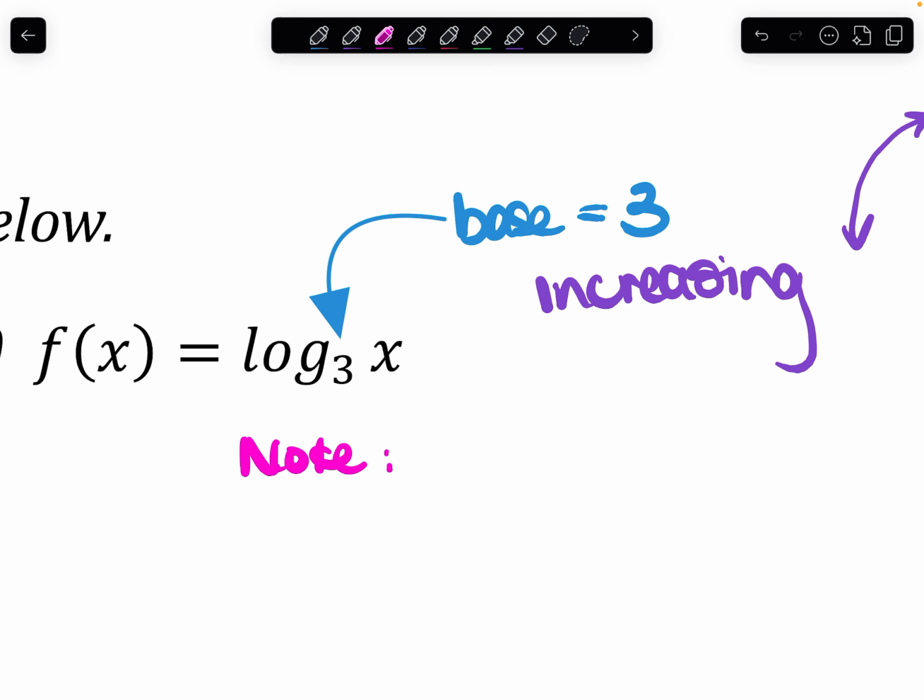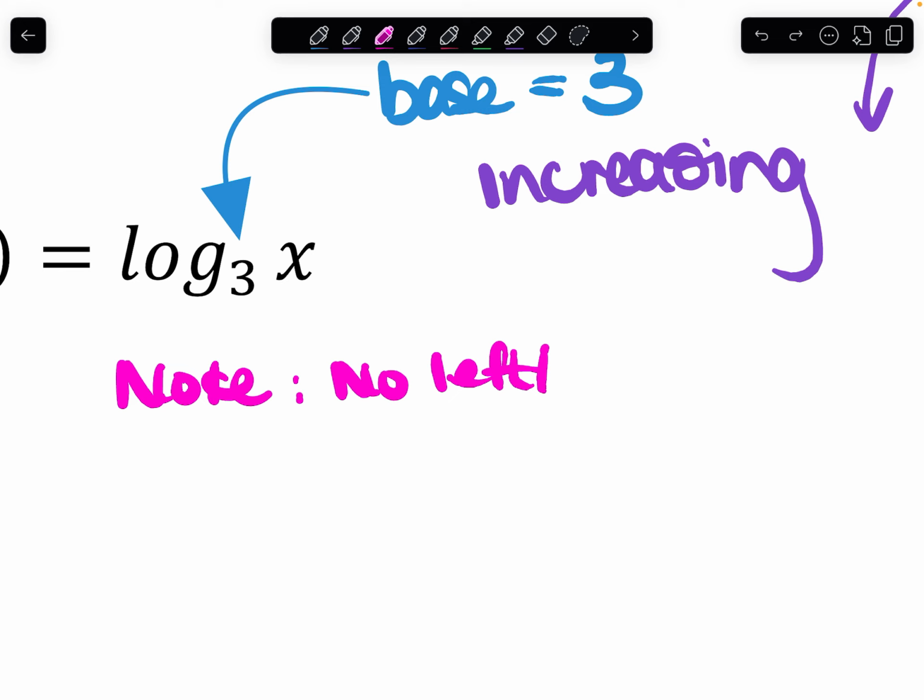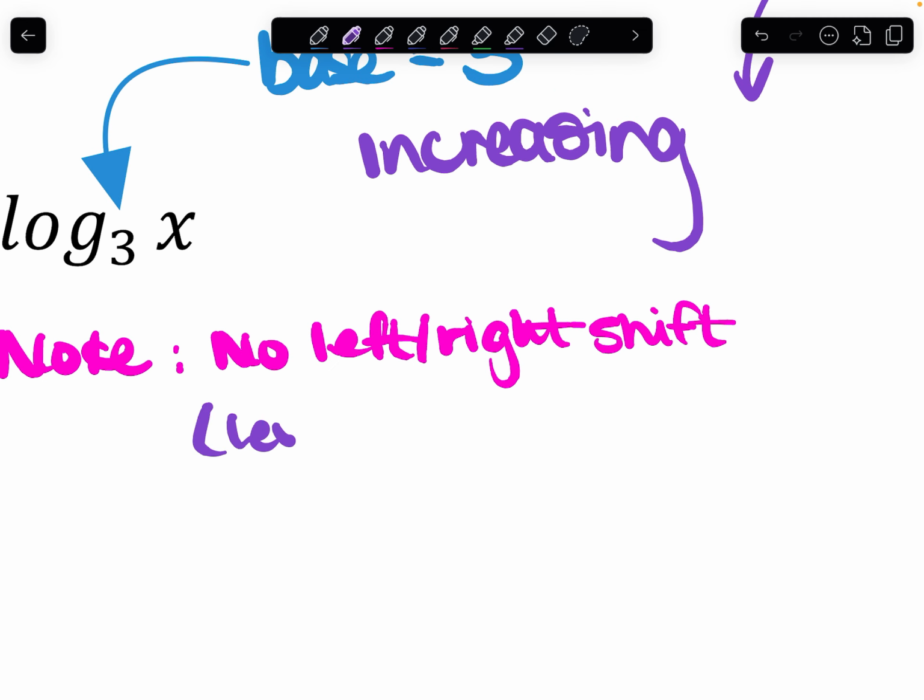It's not necessarily the transformations, it's no left/right shift. What that means is that our function is going to level off vertically at x equals 0. We have to have a left or right shift for it to change where it's going to level off.